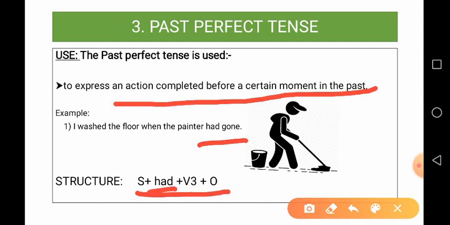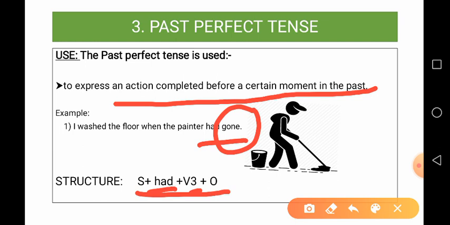Means here we use had and then third form of the verb gone. Here gone is the third form of the verb. What is first? Go. Second form is went and third is gone.